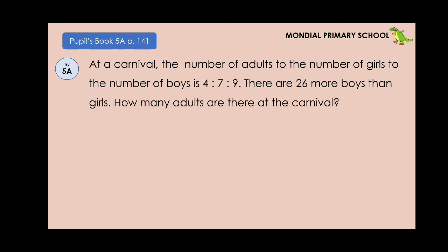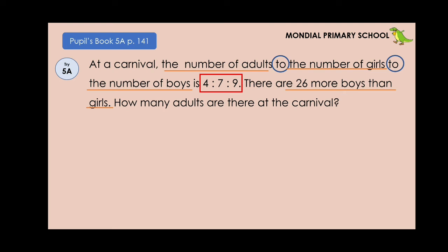What have we gathered from the problem? Great! We know the ratio of the number of adults to the number of girls to the number of boys. We also know that there are 26 more boys than girls.